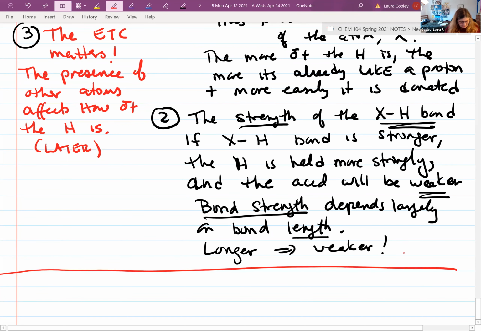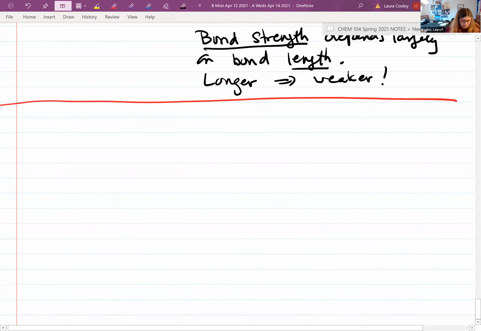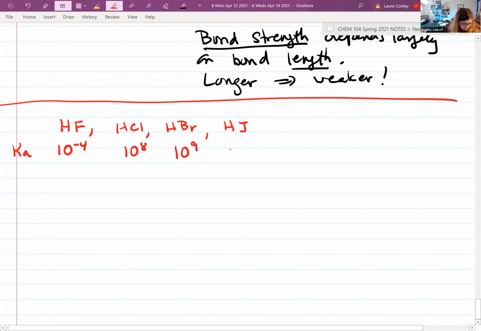Okay. So I just want to talk about a particular series. These are very common acids. We have the series HF to HCl, HBr, and HI. And HF has a Ka of about 10 to the negative fourth. So it's a weak acid. But these other guys have really big Kas. These are strong acids. So we basically have a dividing line here.